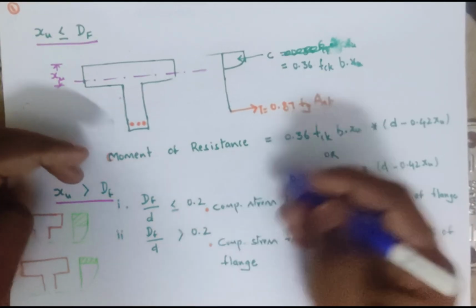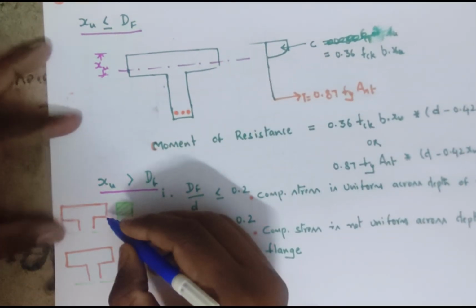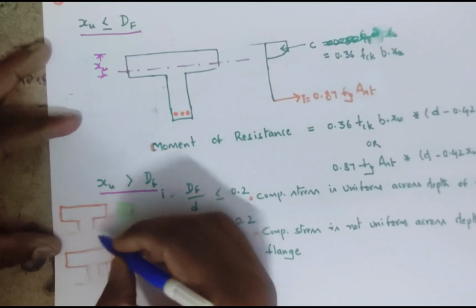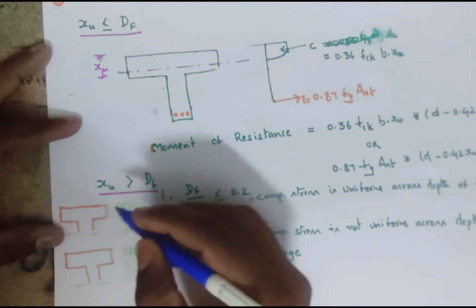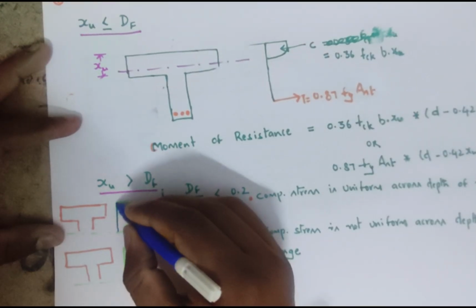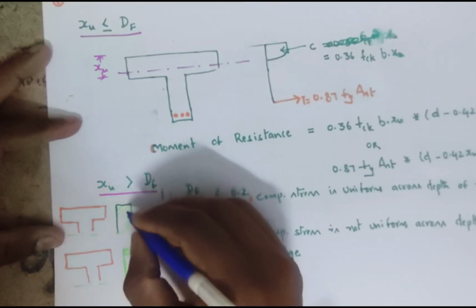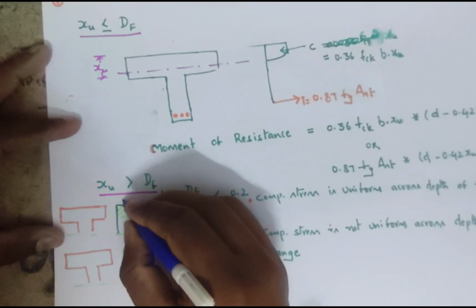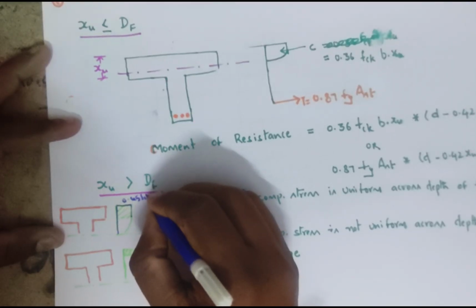It means that generally, see, for example, this is the flanged section or T-beam, in which the rectangular portion, the outermost fiber will be 0.45 fck, right?